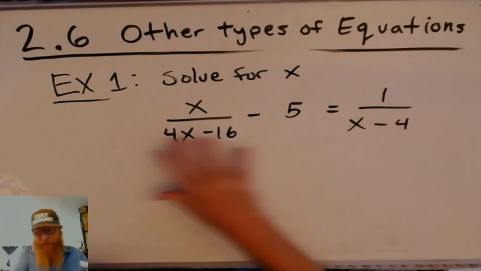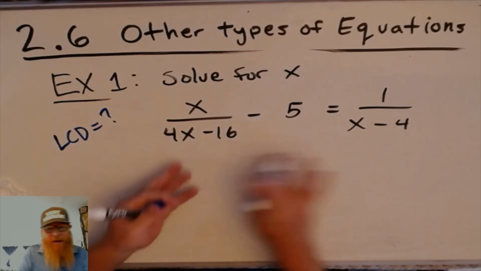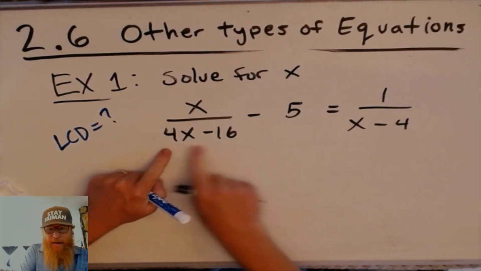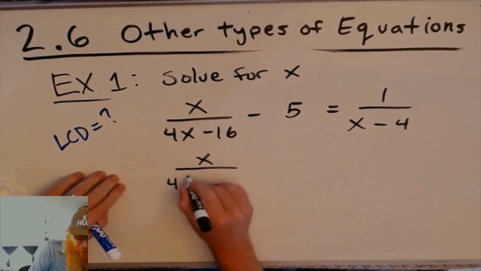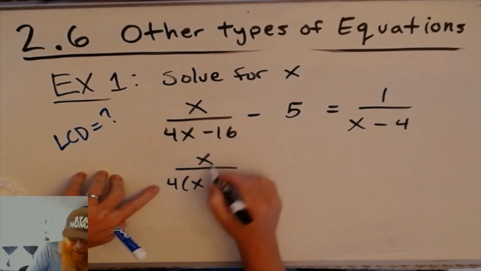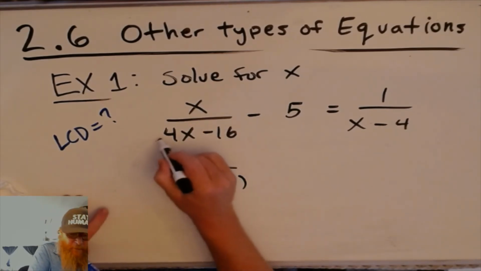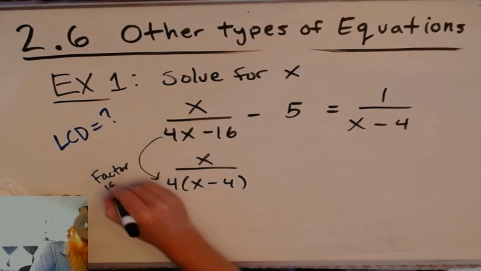So we're going to try to find the LCD. Whenever you have a fraction, you have to find the LCD. Let's go ahead and factor this if possible. So this will be x times 4, x divided by 4 times x minus 4. So factor if possible.